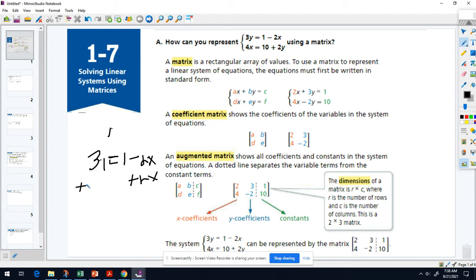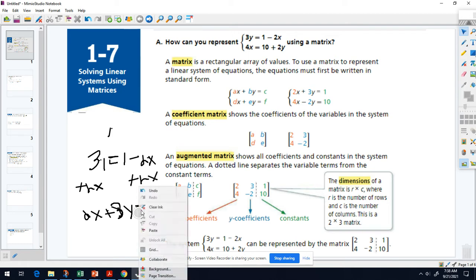This is going to give me 2x plus 3y is equal to 1.